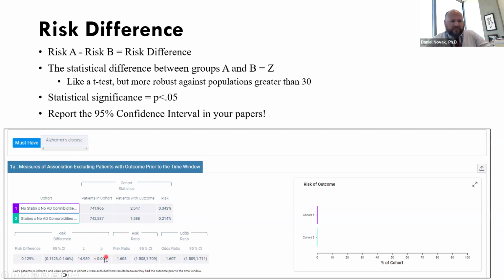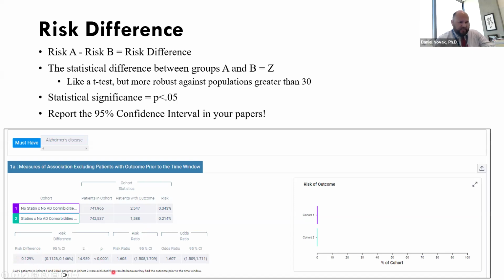So that's your statistical significance. And I strongly, strongly, strongly recommend for these studies reporting your 95% confidence intervals. For those who need a little refresher, basically, if you just click the run button 100 times in TriNetX, 95 of those times, your values would be between 0.112 and 0.146. And that is good in terms of your risk difference.